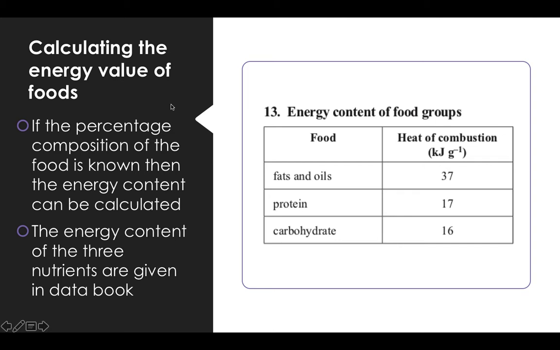How do we calculate the energy value of food? Good news. The energy content of these three different nutrients is given by our data book. So if we know the percentage composition of food, then we'll be able to use this table to calculate how much energy a food actually comes with.